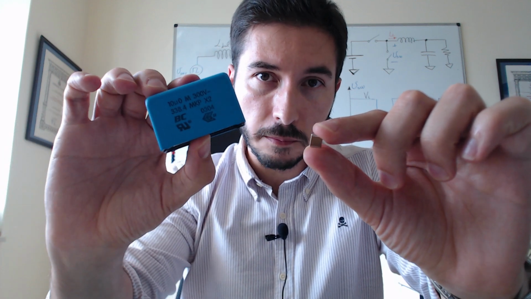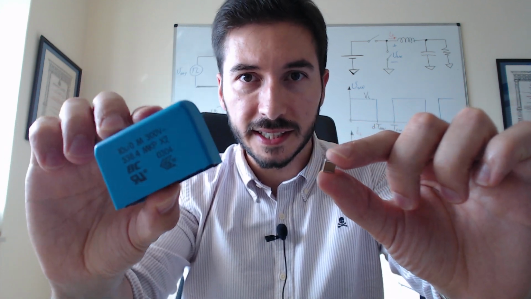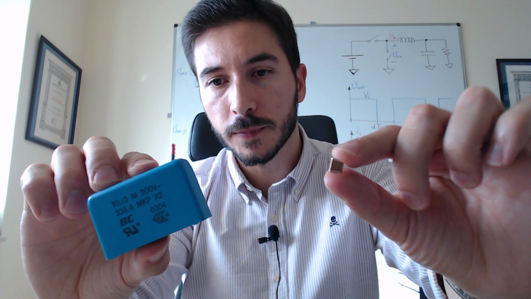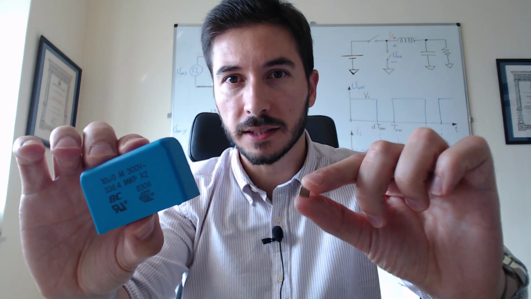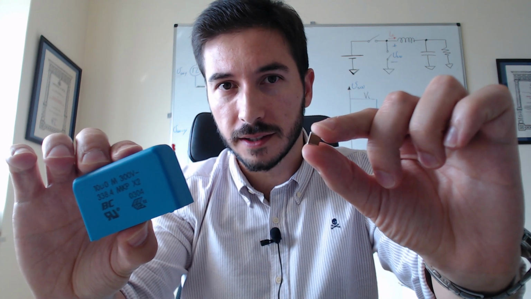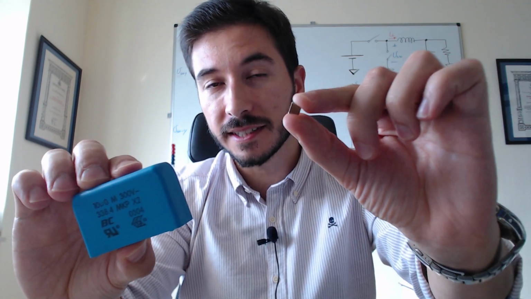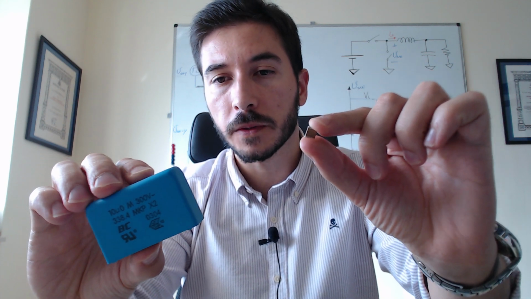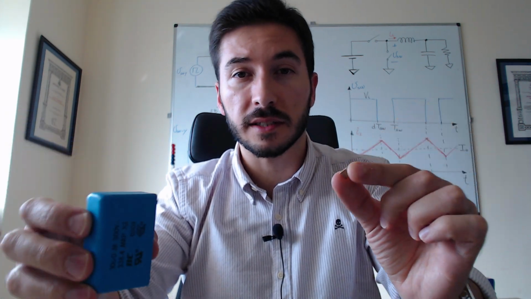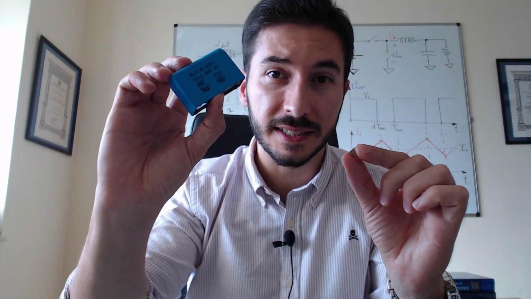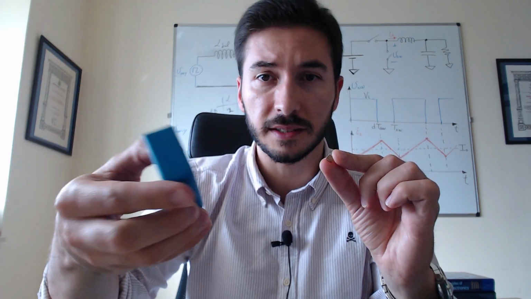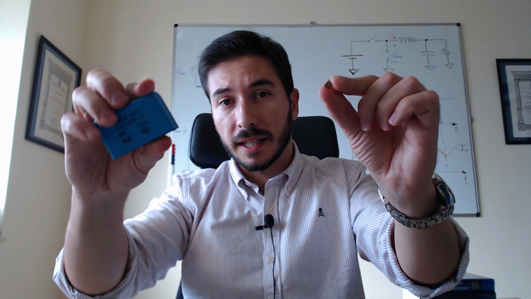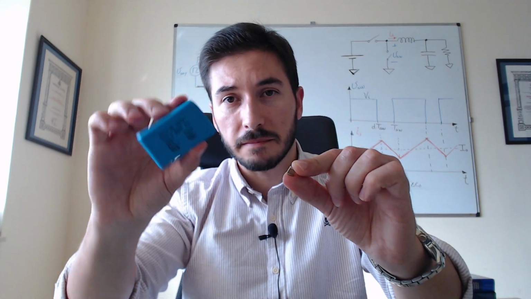It's because the voltage rating here is 6 times the voltage rating here, and as a consequence, this capacitor is able to store 36 times the energy that this capacitor is able to store. Why 36? Because the voltage rating is 6 times this one. So 6 times 6 is 36. So as a result, the size is much higher here.